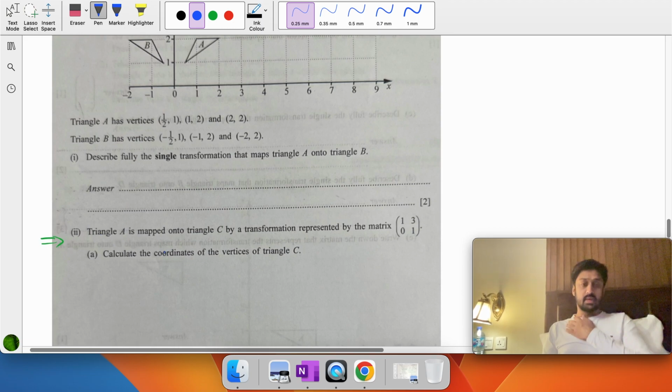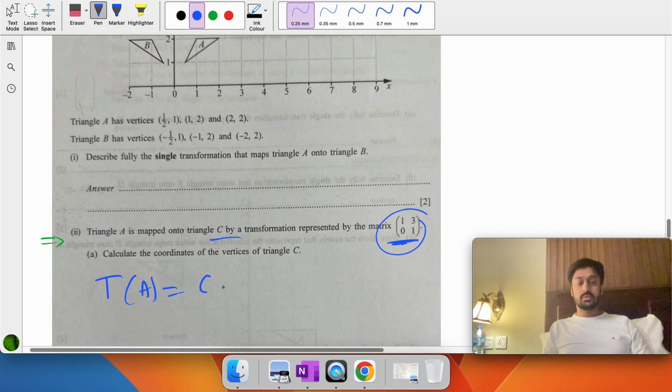Okay. Triangle A is mapped onto triangle C by the transformation represented by this. The matrix is already given. So A is mapped onto C. How do you have to read it? The transformation is applied on A and the result is C. So what you'll do is calculate the coordinates.